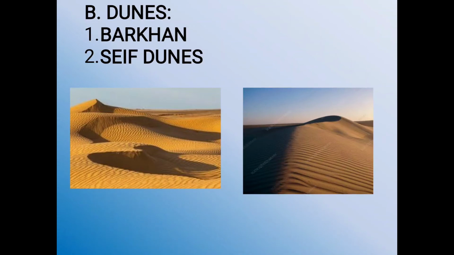Sheaf bears Arabic origin that denotes the blade of the sword. The longitudinal dunes appear like the flat blade of the Arabian sword, hence they are known as sheafs. Longitudinal dunes are produced with modification in the shape of the transverse dunes.